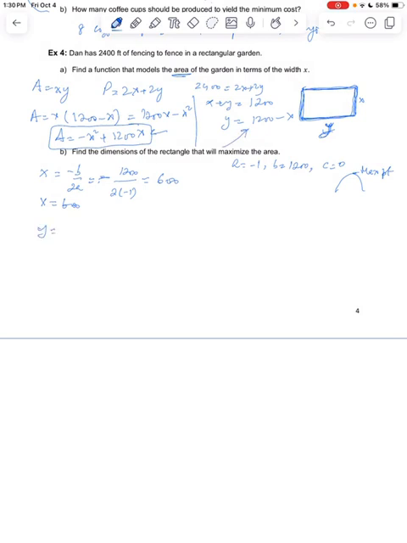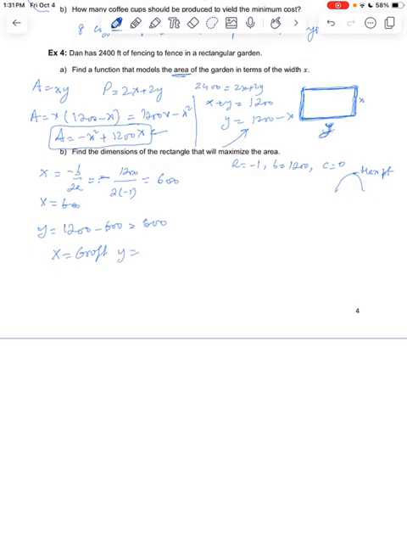So x is equal to 600 feet, y is equal to 600 feet. But this is not enough because x was given but y was not given.